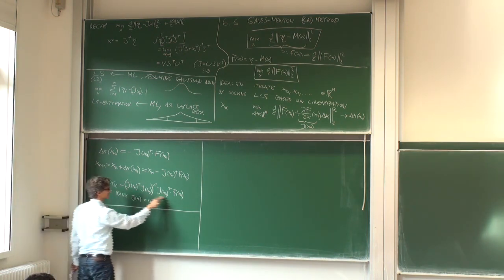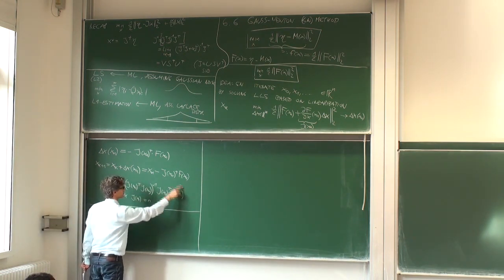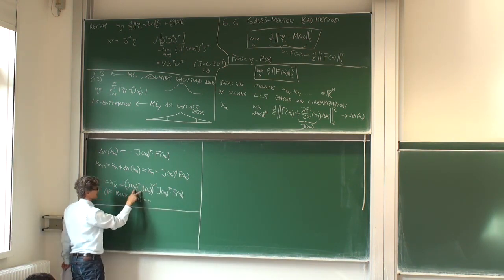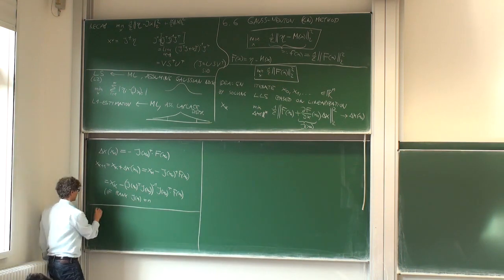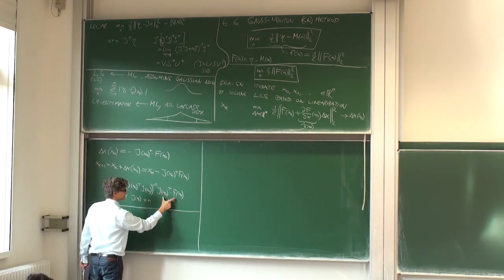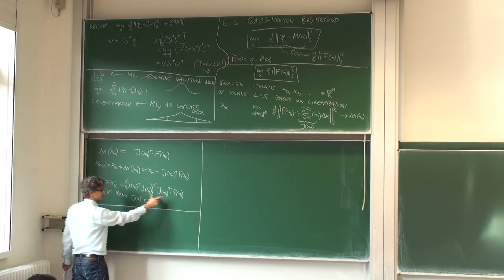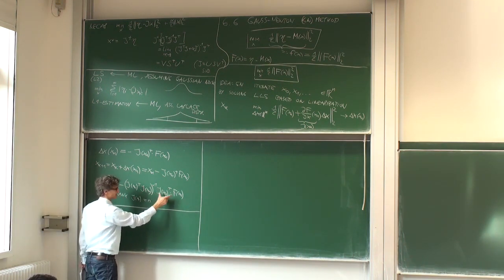That means that at a converged point, this term must be 0. And if you assume that this thing is always invertible, which I will make here, then this thing must be 0, because an invertible matrix times something can only be 0 if this thing is 0.